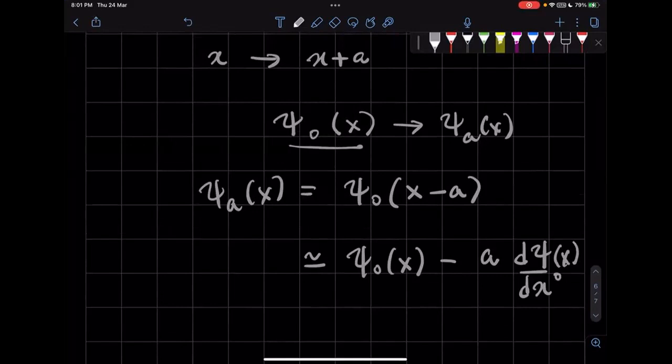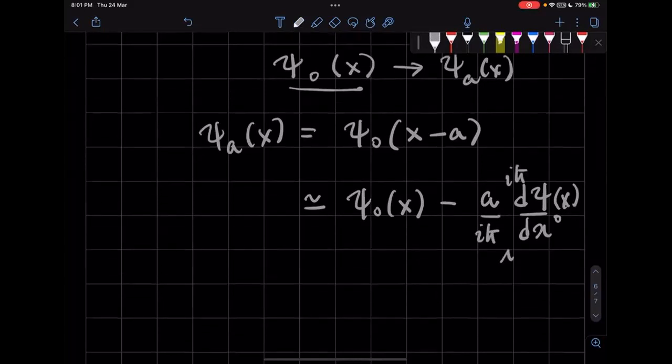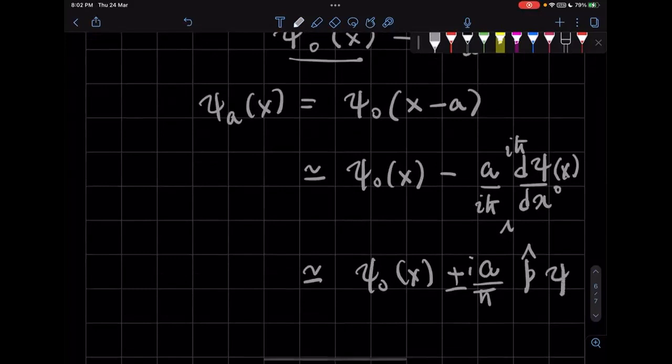Now I can multiply and divide by i h bar, and then we can write it as psi 0 of x plus or minus some factor of i a by h bar times the momentum operator P acting on psi 0.